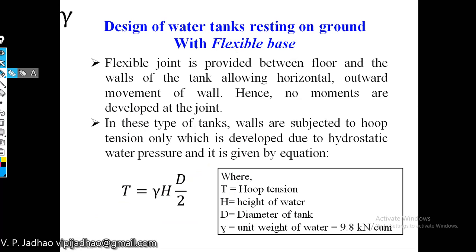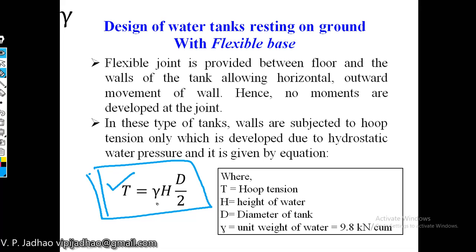Now the hoop tension which is developed is given by this particular formula. Just keep in mind this hoop tension T value is given by gamma H into D by 2, where T is hoop tension, H is the height of water in your water tank, D is the diameter of water tank, and gamma is the unit weight of water.